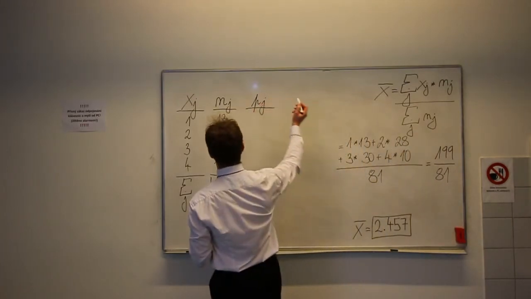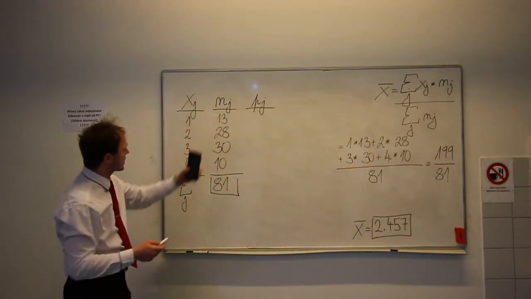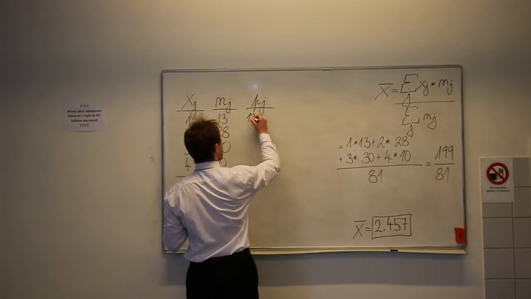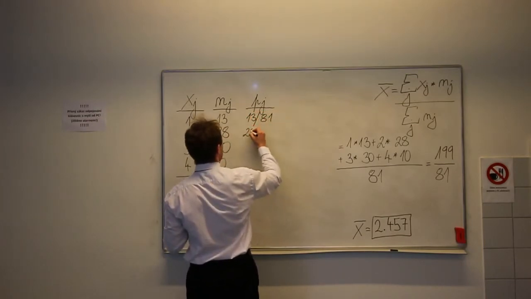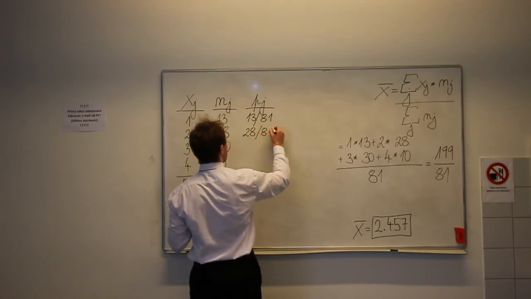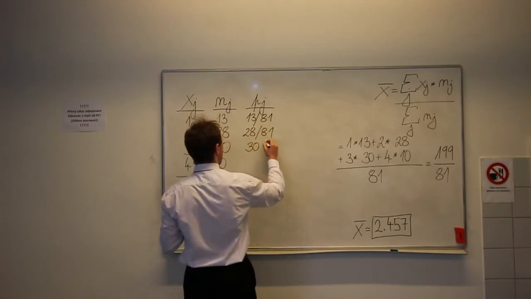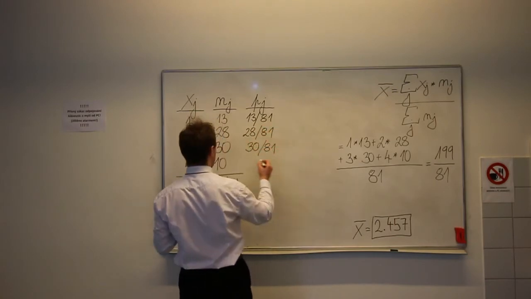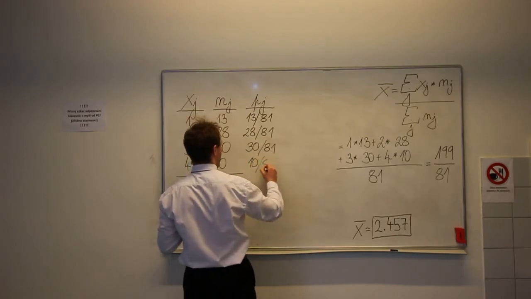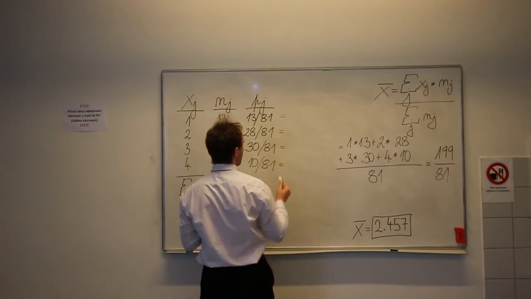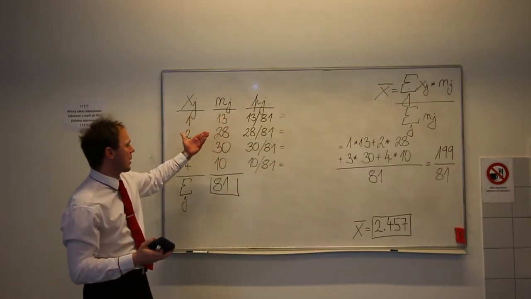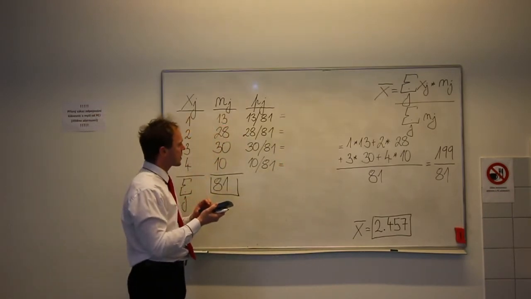If you calculate relative frequencies, like 13 divided by 81, 28 divided by 81, 30 divided by 81, 10 divided by 81, you will see here relative numbers.